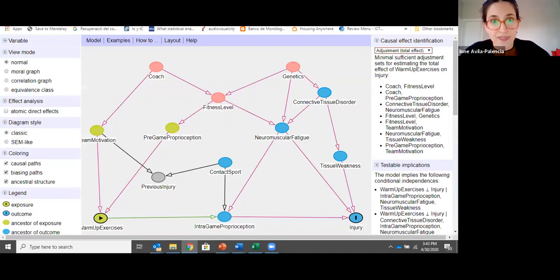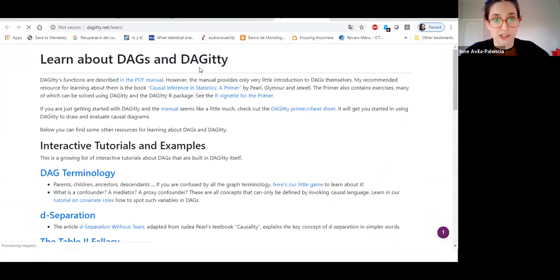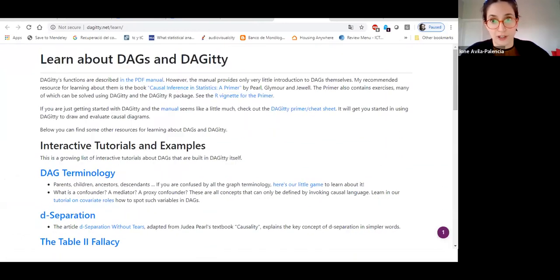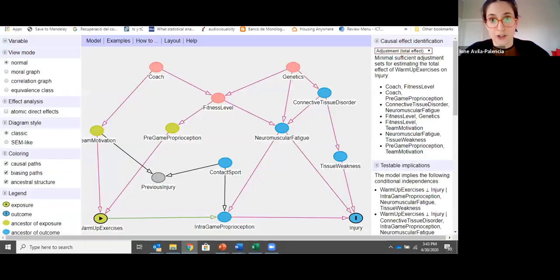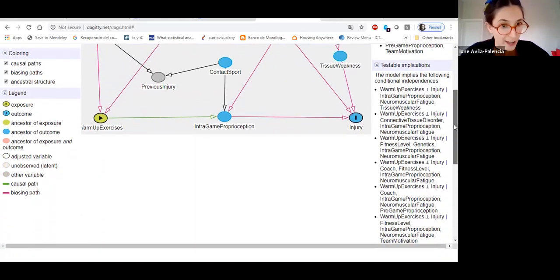And then you also have here other resources, which leads you again to the learn option that I already showed you before.